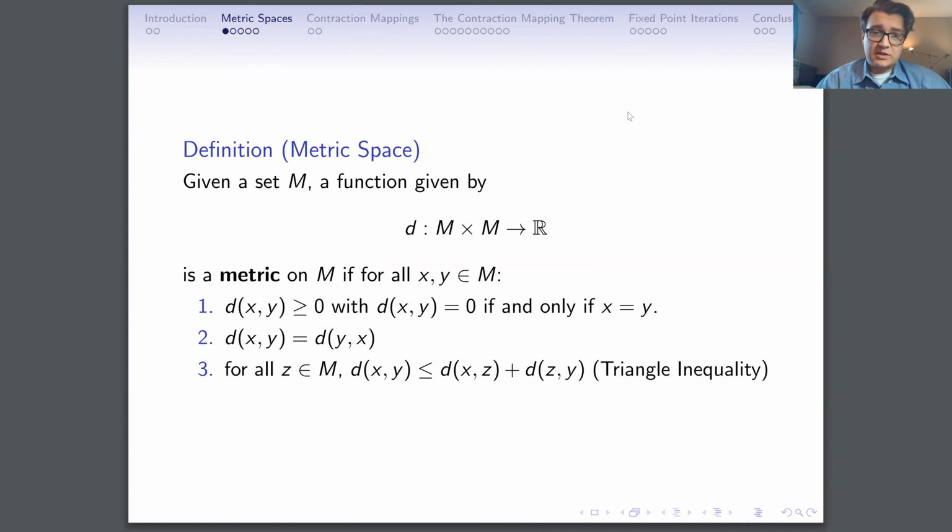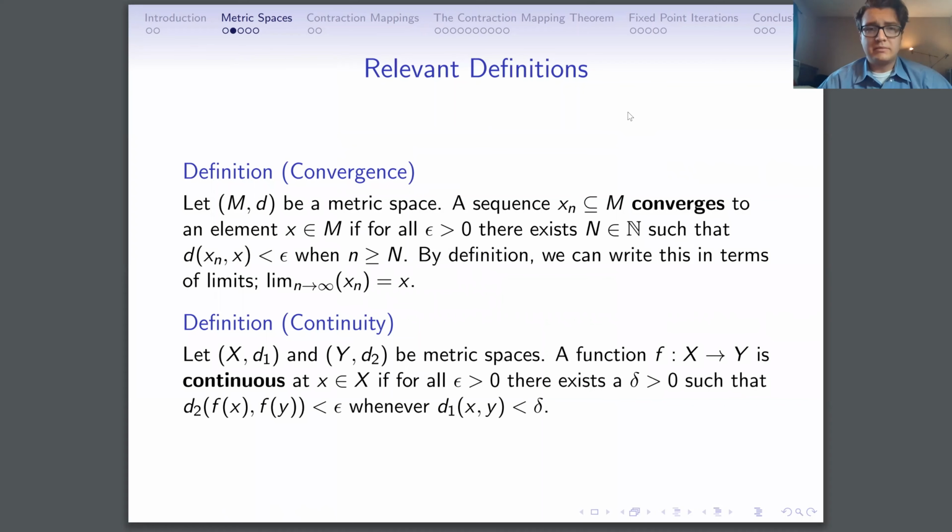And then the distance between x and y is equal to the distance between y and x, so the ordering doesn't necessarily matter for the distance function. And then for all z in M, we have the triangle inequality, right? So the distance between x and y is less than or equal to the distance between x and z plus the distance between z and y. So these three properties shouldn't be unfamiliar.